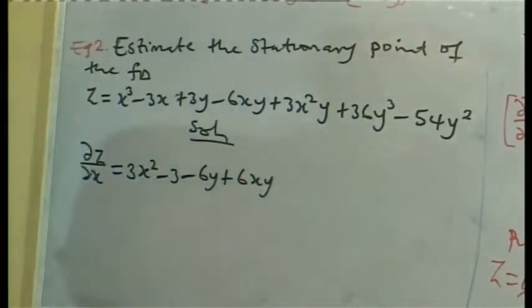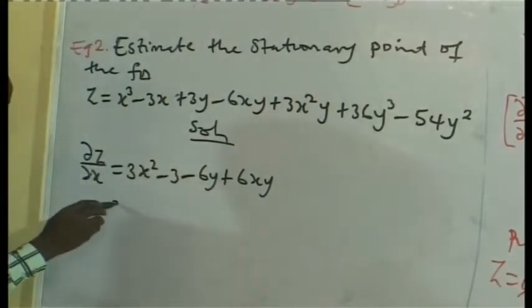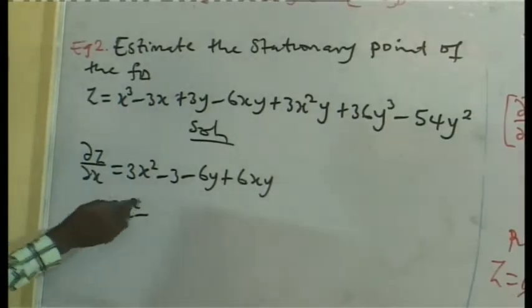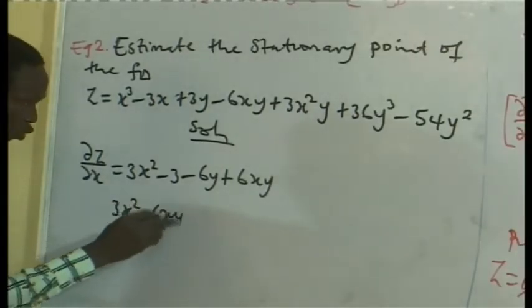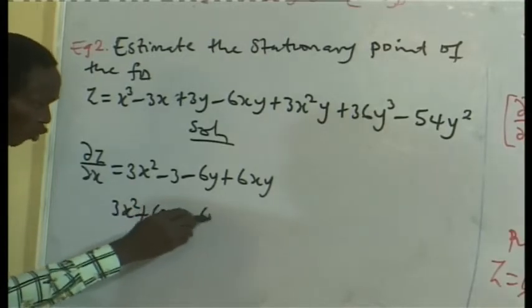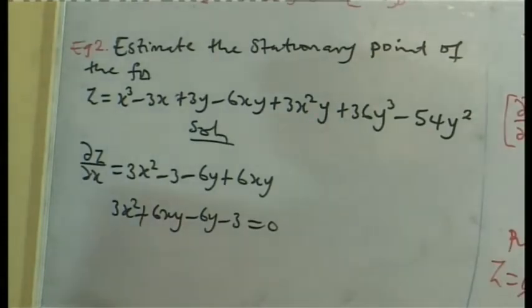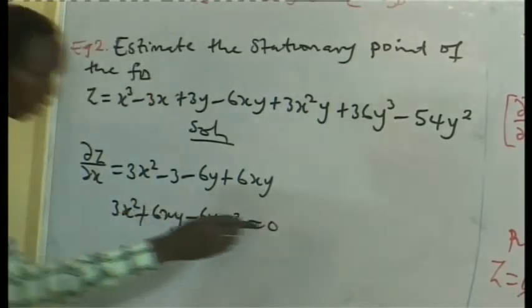I will equate this to 0: 3x squared plus 6xy minus 6y minus 3 is equal to 0. Let me call this equation 1.